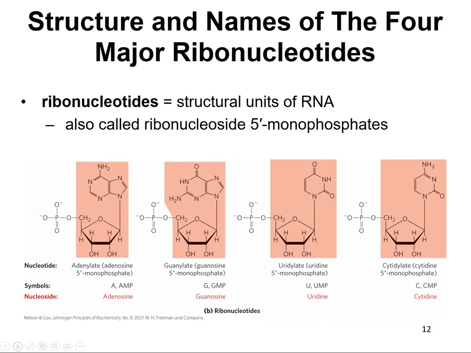Then we have the same thing for the ribonucleotides, and these are for RNA. Notice that really the only difference is the presence of this hydroxyl group, and also we're swapping uridine in for thymidine.